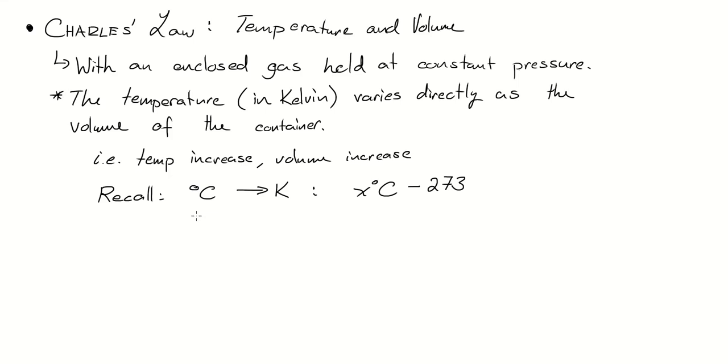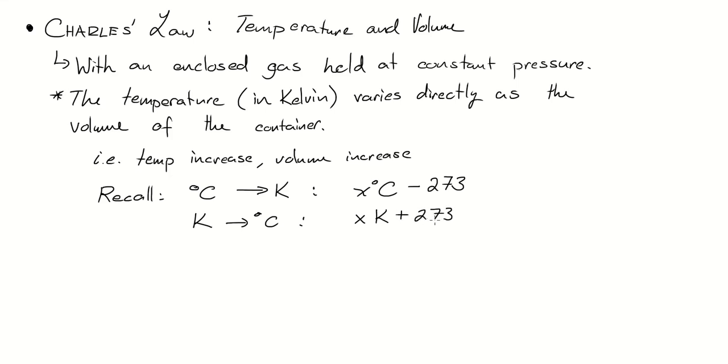So, to go from Kelvin to degrees Celsius, which is a valid question, just go the opposite direction. Instead of subtracting 273, what do you think you do? Yeah, you just add. So X Kelvin, that's some number, plus 273.